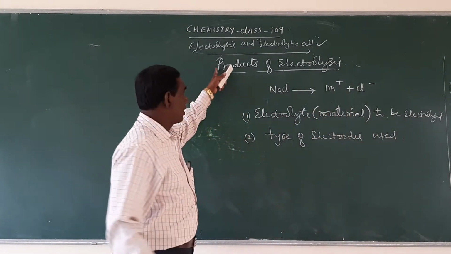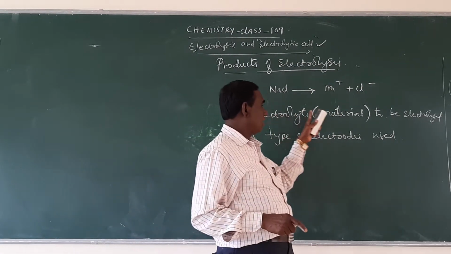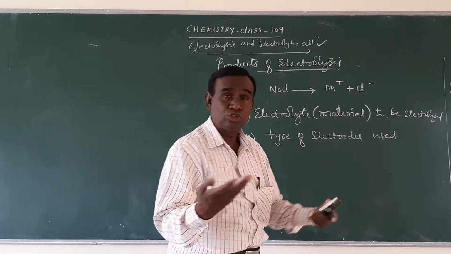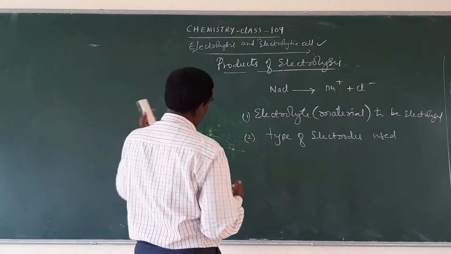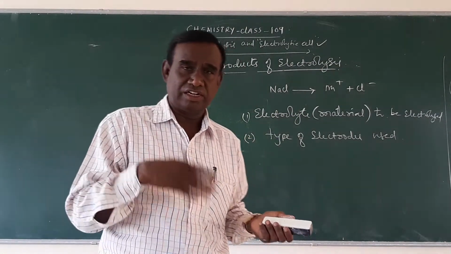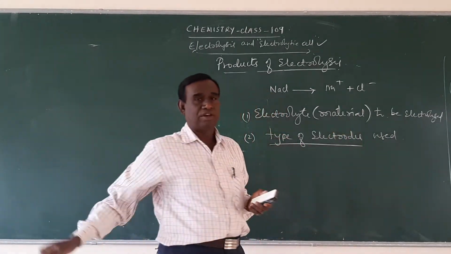So the products of electrolysis depend upon two factors: the electrolyte, or the material to be electrolyzed, and the type of electrodes used. The electrolyte may be a strong electrolyte or a weak electrolyte. But what is meant by type of electrodes?